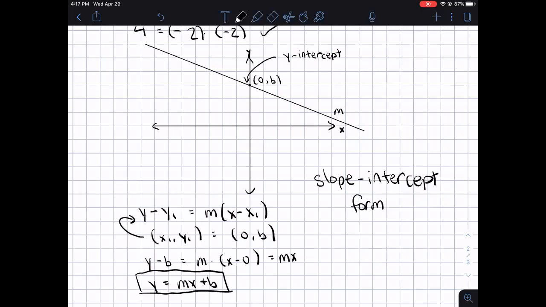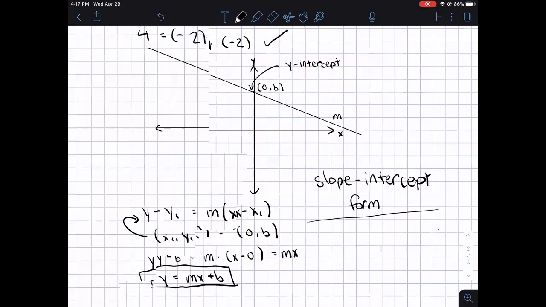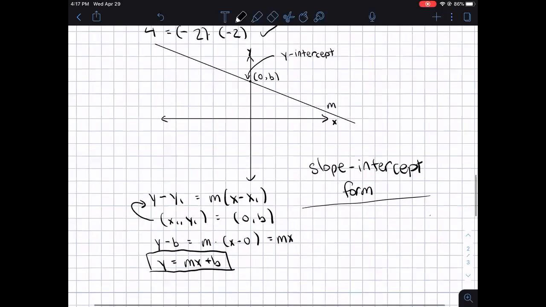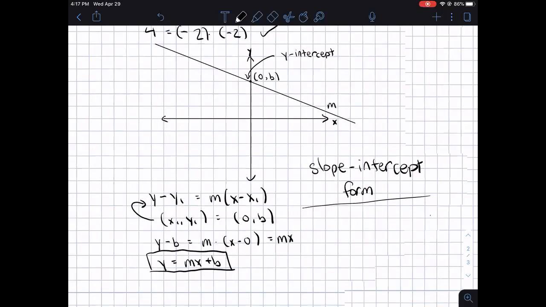So this uses the y-intercept and the slope, and it has a really simple equation for the line. I think this is all we have for slope intercept form. Now we're going to show why these lines are useful, like how we could solve an equation, or how we can find the intersection of two lines.